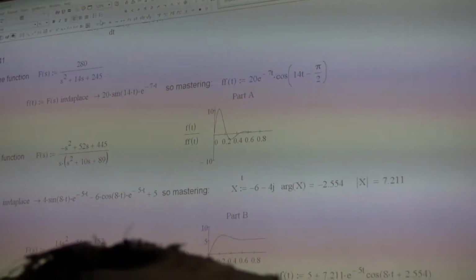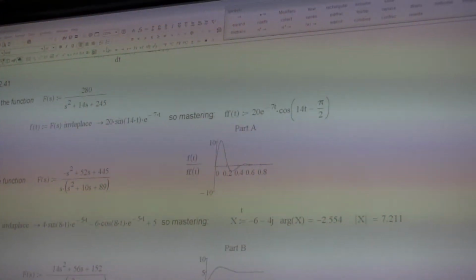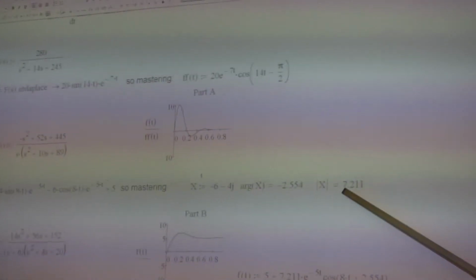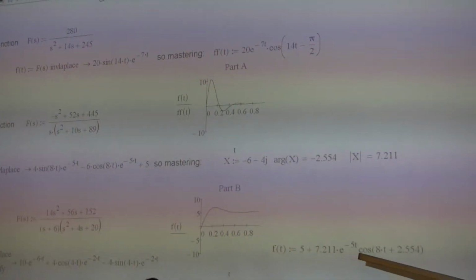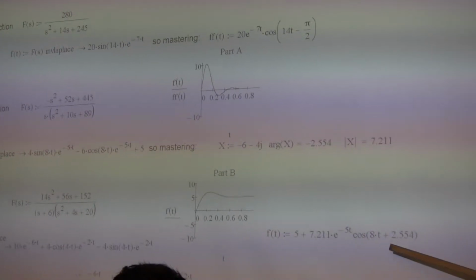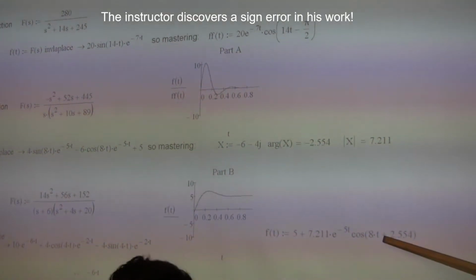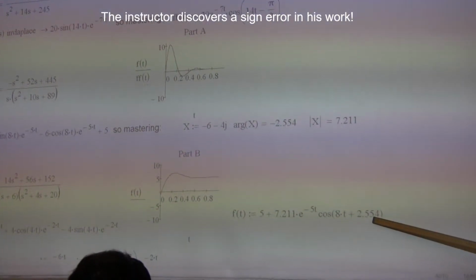And so you end up with the answer having this magnitude in front of the exponential part, and the phase angle. I'm not sure why the angle got reversed here.